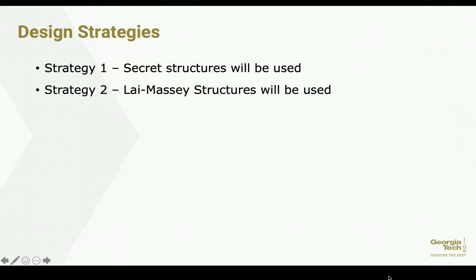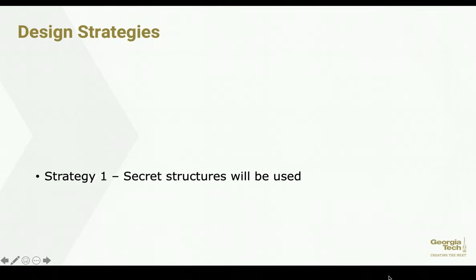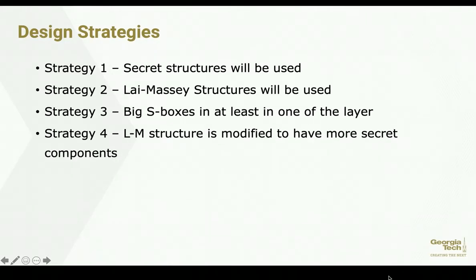So keeping all that in mind, the authors are coming up with the strategies. Strategy 1, secret structure will be used. Strategy 2, LM structures will be used. I mentioned LM structure a couple of slides back. That is a key part of this solution. The third one is big S-boxes in at least one of the layers. The fourth one, LM structure is modified to have more secret components.